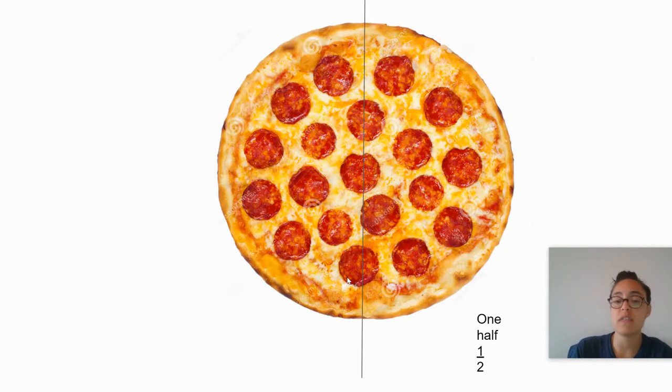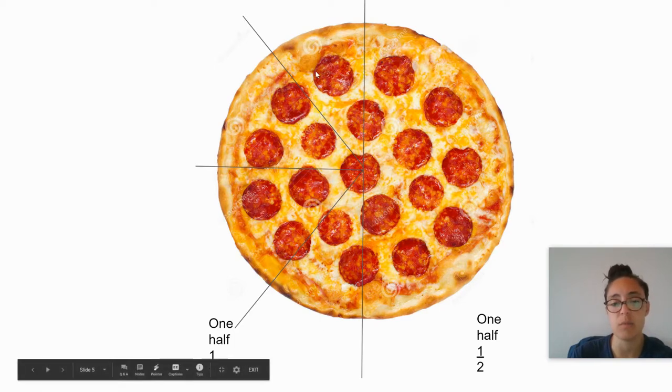So we know that with pizza, I can draw a line down the middle and it is 1/2 of my pizza. Now, if I draw these 3 lines to make 4 slices, to make an equal part, what do you think the fraction would be? So I have 4 over here. What do you think? Take a moment.